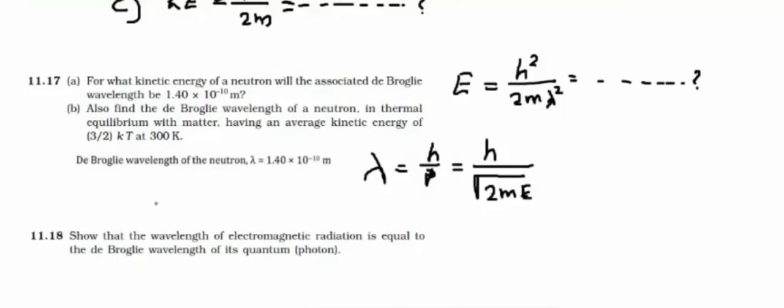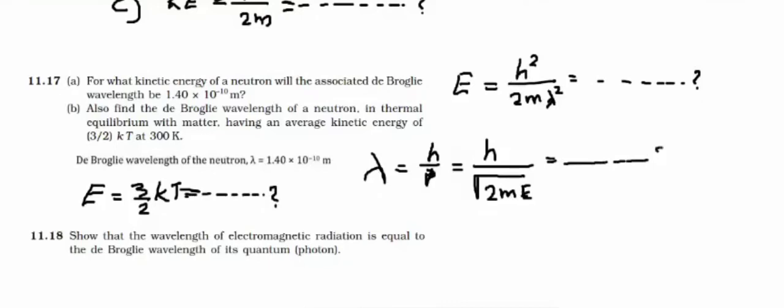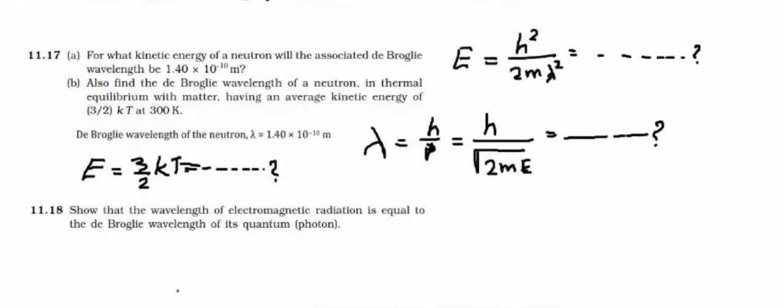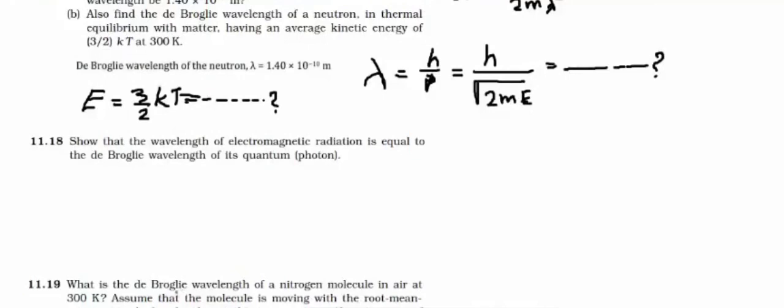And here, how much is energy E? Temperature is given, so energy will be 3 by 2 kT. Value of T you have to substitute in Kelvin, so that you will get the value of energy first. Once you get the energy, then you substitute that value of E in the equation for lambda and calculate the magnitude of lambda.